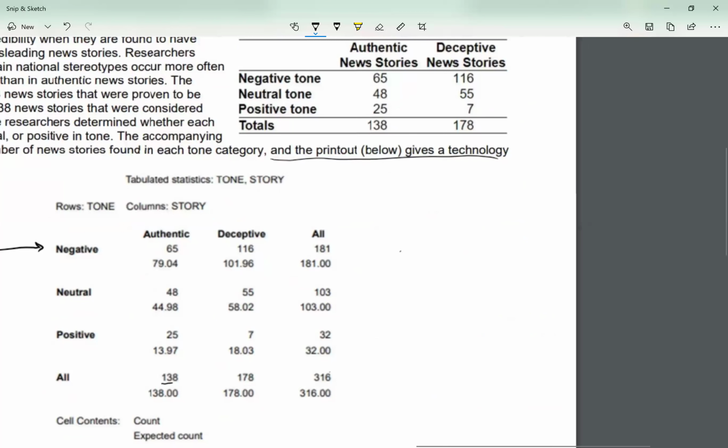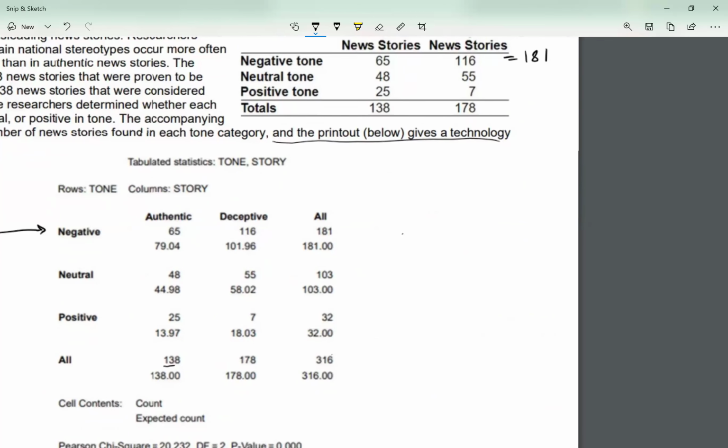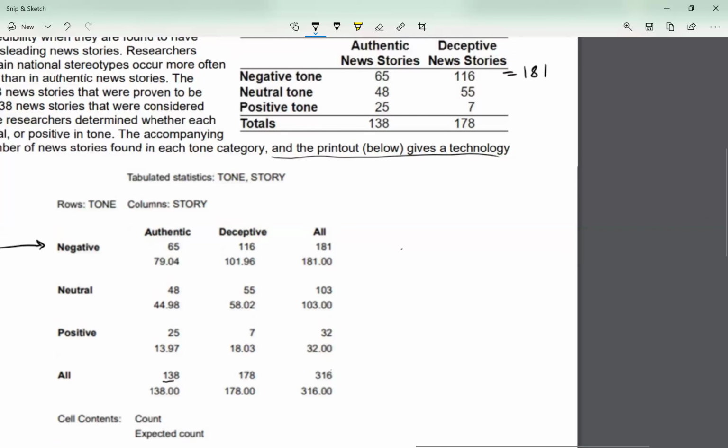Remember, my whole total here, if I add all my negative tones, is 181. And I'm looking at the percentage of negative tones that are deceptive. I'm looking at my negative tones, and 181 is all together.